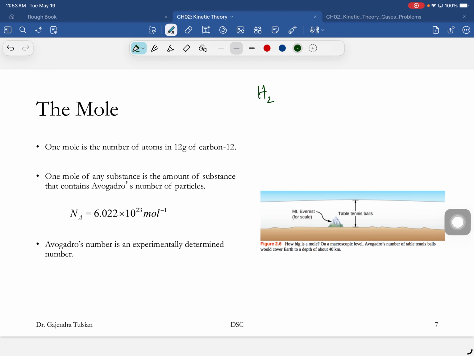You find its molecular weight, and the molecular weight of water is 2 plus 16, 18 atomic units. So if you take 18 grams of water, you have 1 mole of water, and you'll have 6 times 10 to the 23 molecules of water.